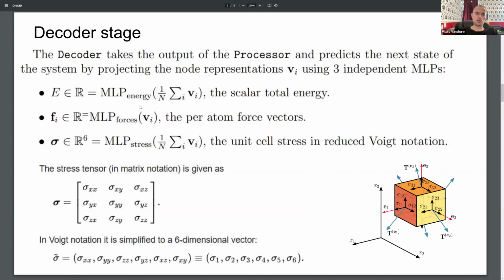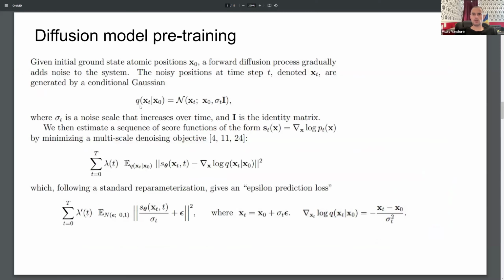I see. So first you want to make sure that you can denoise whenever you want. And then in addition to that, you're trying to make the prediction for how your system will evolve. Is that the idea?